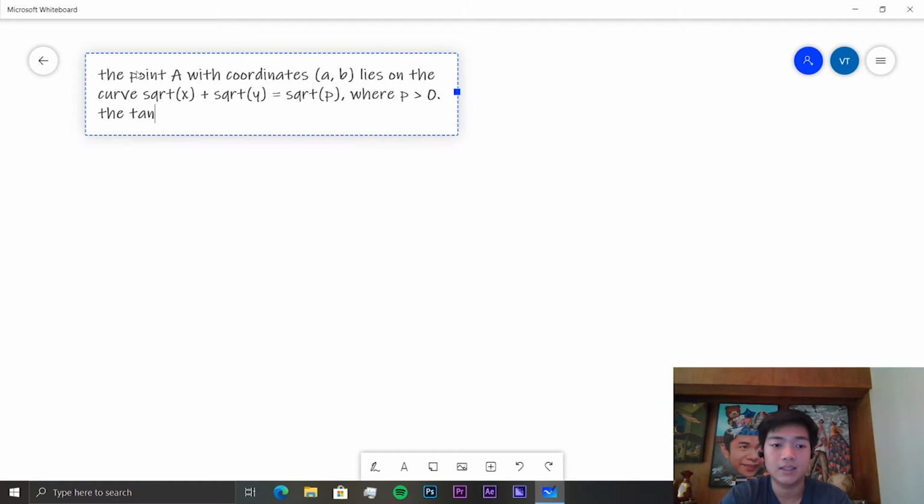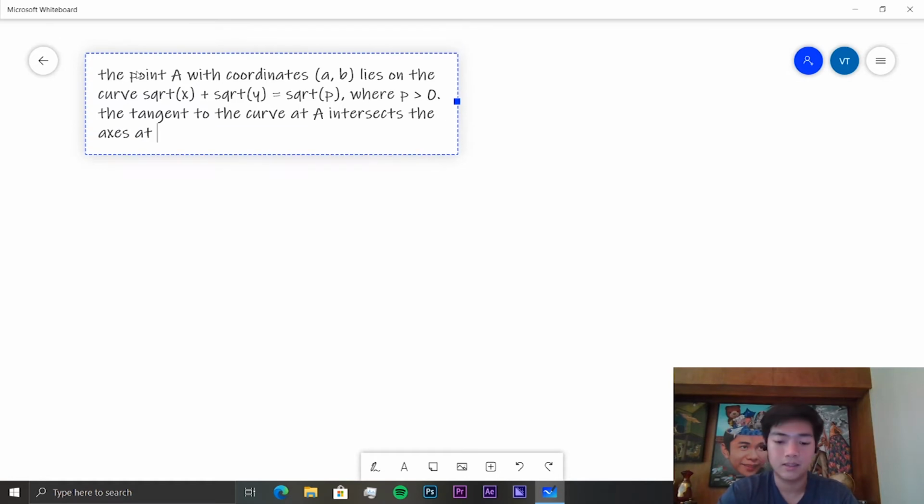The tangent to the curve at A intersects the axes at (0, r) and (s, 0). Show that p is equal to r plus s.